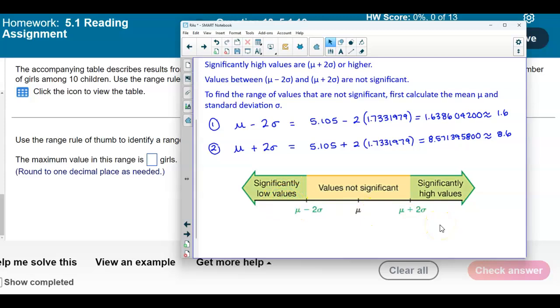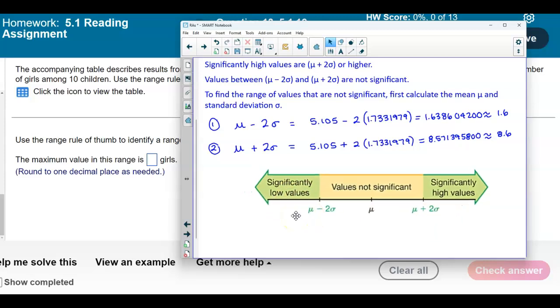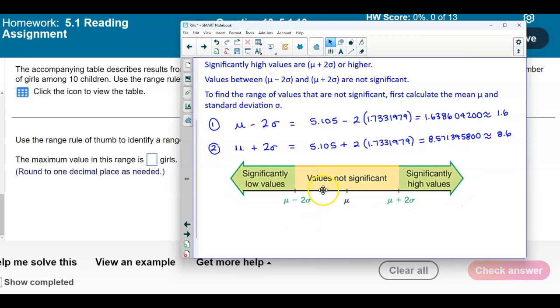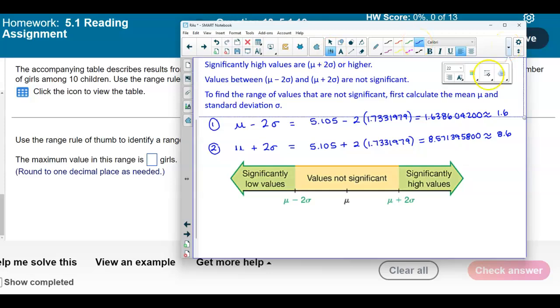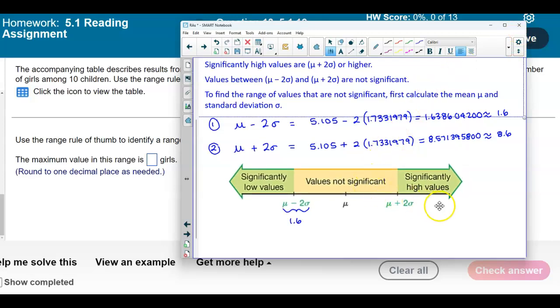So we found that this number represents 1.6, and we know that this number represents 8.6.